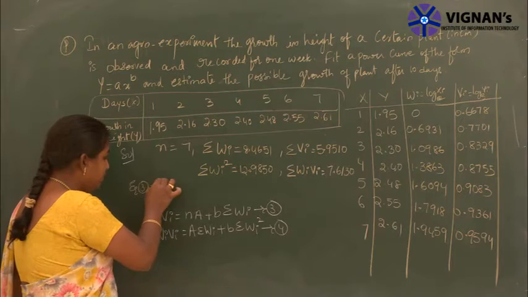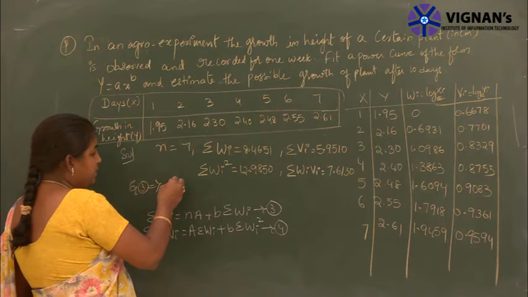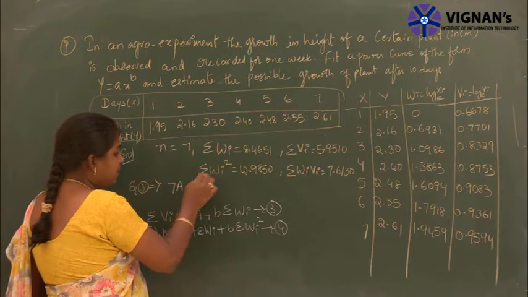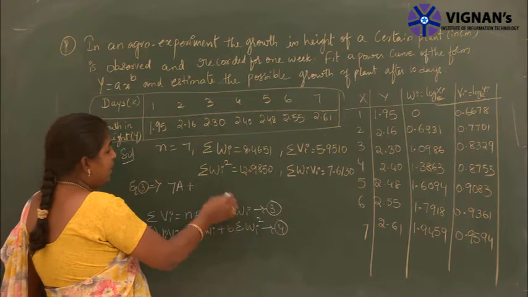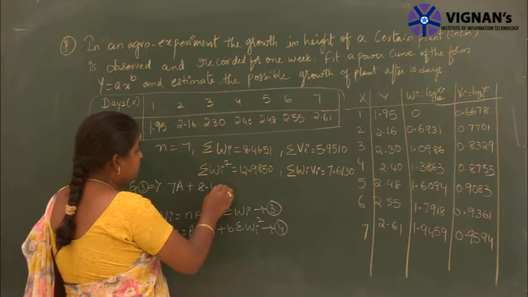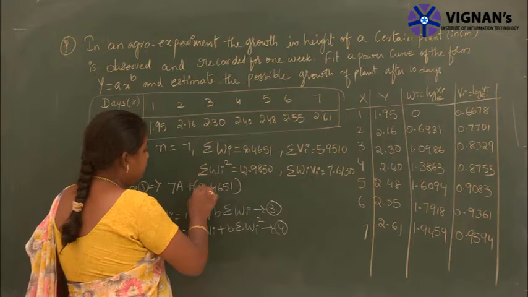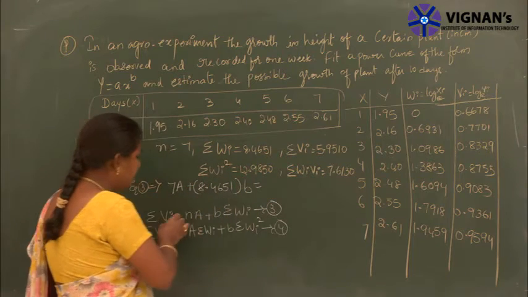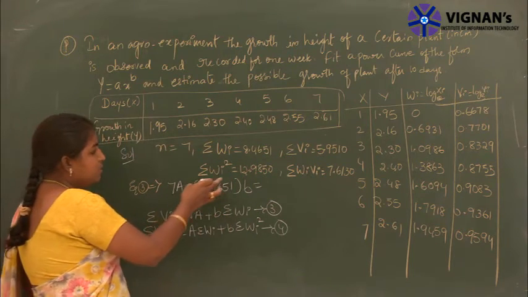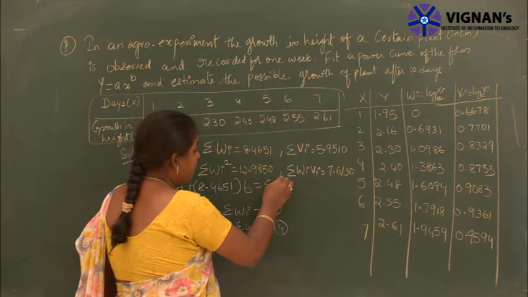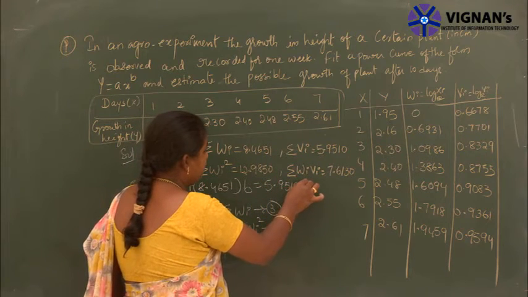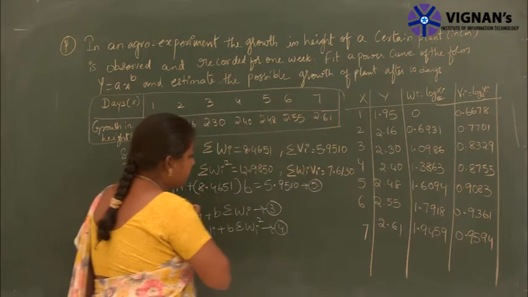Equation 3 implies nA plus summation wi, 8.4651, into B is equal to summation vi, that is 5.9510. Let this be equation 5.